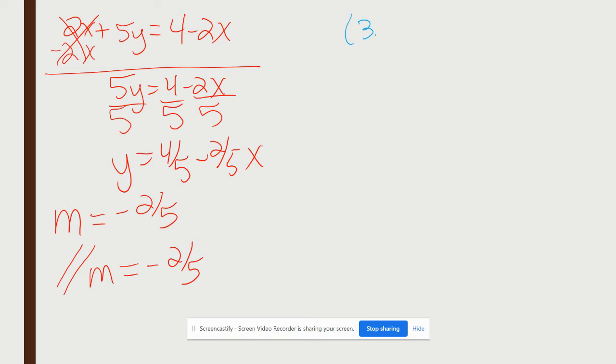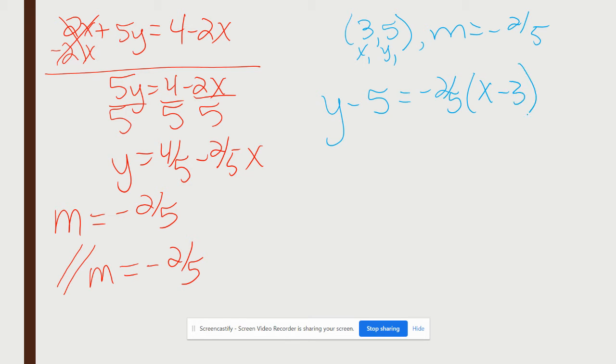And they gave us (3, 5) as our point, and our slope is negative 2/5. This is x1, y1. So y minus 5 equals negative 2/5 times x minus 3. Remember, this is point slope form.